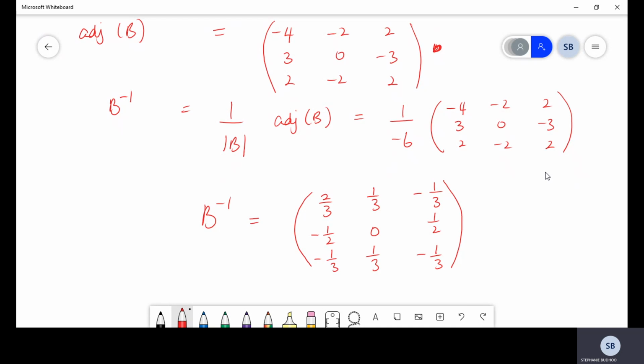For those of you who can't recall how to bring a constant into a matrix, it's just a matter of multiplying that value on the outside by each of the elements inside of your matrix. Okay, guys, so this is how you would find the inverse of a 3x3 matrix using that cofactor method.